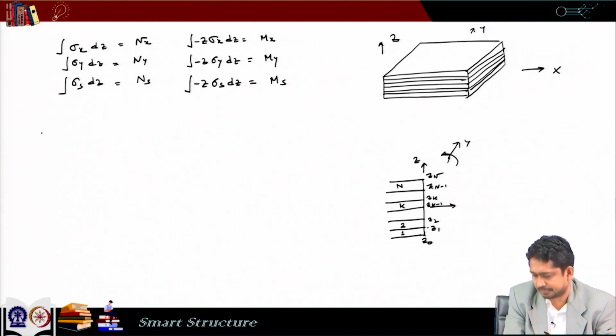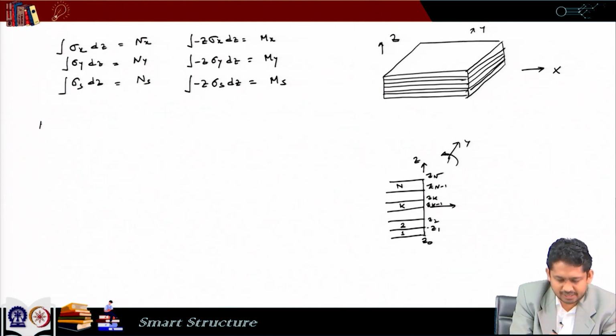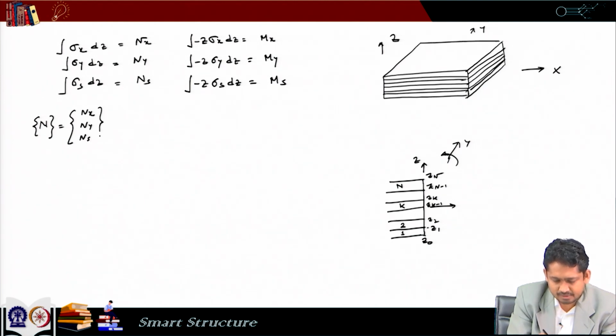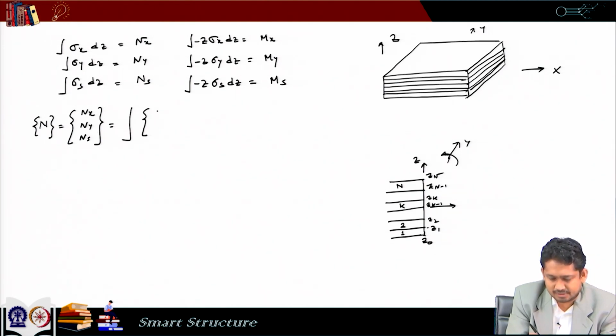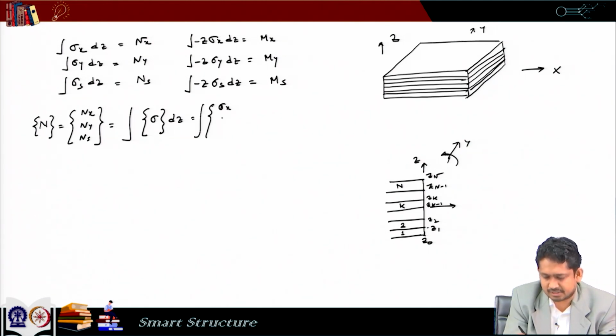Now, if we want to find our n vector, n vector is just a vector of nx, ny and ns. If we want to get that, we just have to integrate our sigma vector, and sigma is just this: sigma x, sigma y, sigma s.